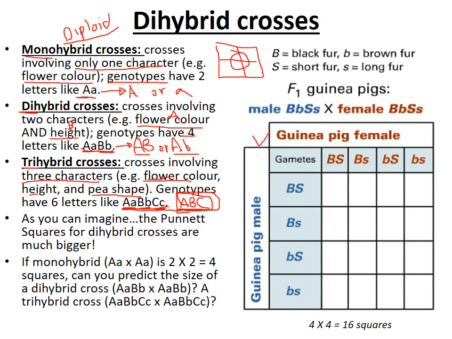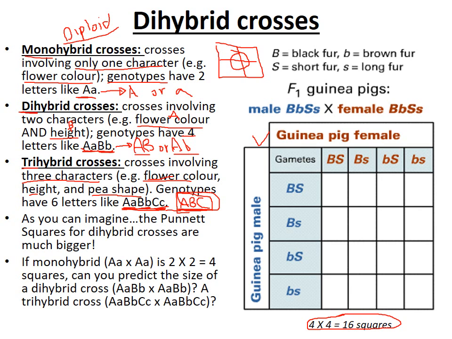For a dihybrid cross, we're going to have a 4 by 4 square. We're going to have 16 squares total. And every time you add a letter, you probably guessed it, so rather than 4 by 4, for a trihybrid we'd have an 8 by 8.